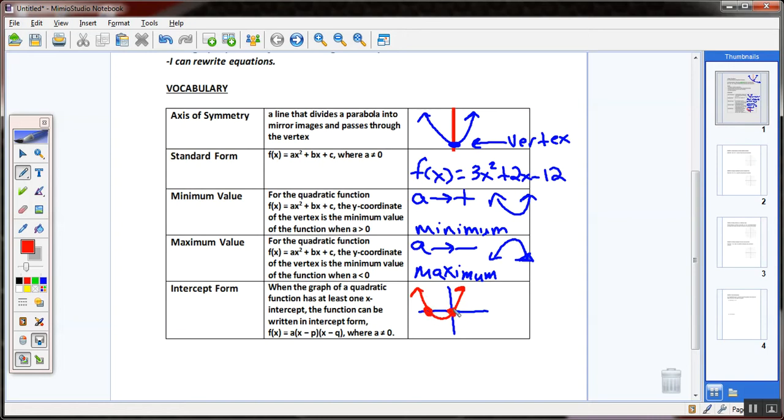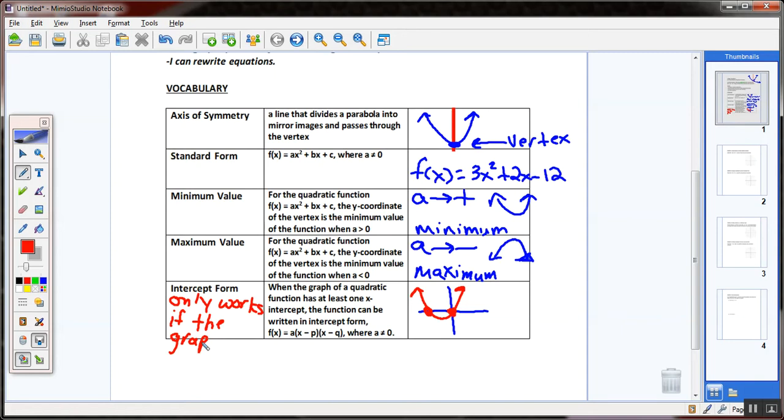Okay. And I'll show you what this means right here. These 2 points right here are x-intercepts, and we can write stuff. If you have 2 points that cross the x-axis like that, you can write this in what's known as intercept form. Okay. And I'm going to write this down. Only works if the graph crosses which axis again?